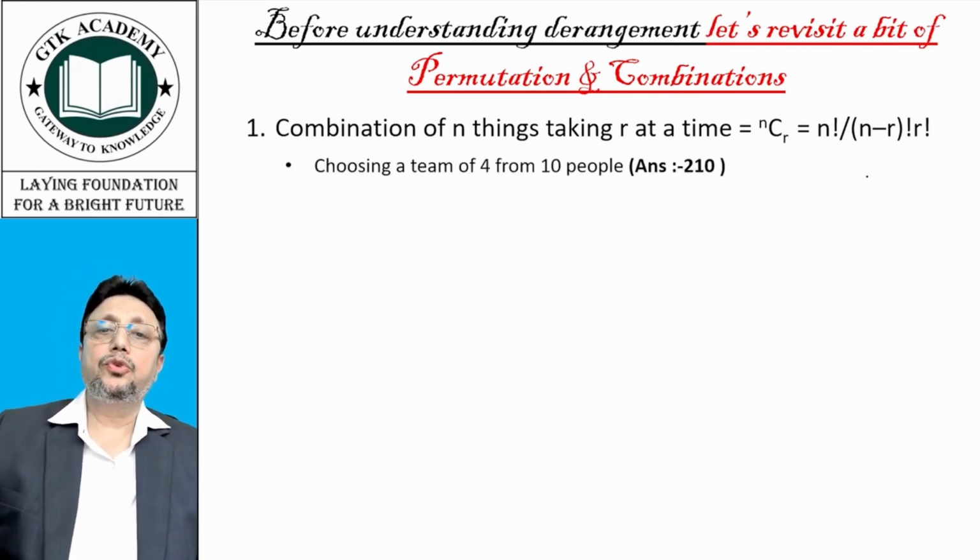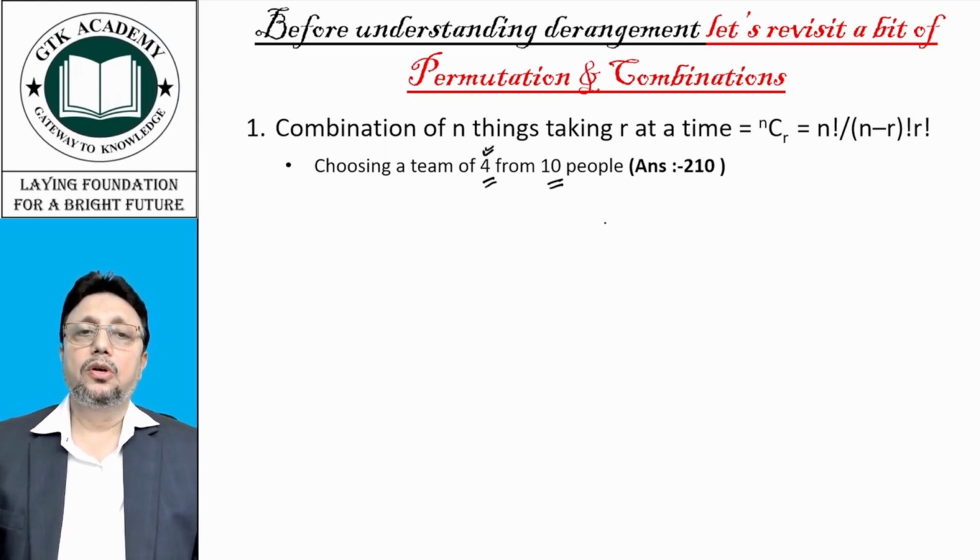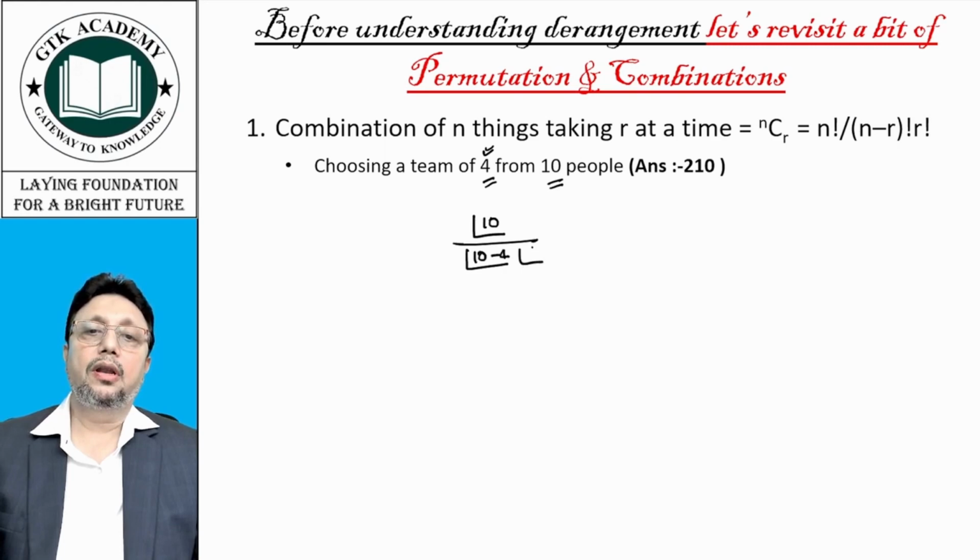Let me give you an example, it will be more clear. For example, if you have to choose a team of 4 people from 10 people, the number of combinations will be factorial 10 upon factorial 10 minus 4 times factorial 4, which means 10C4.